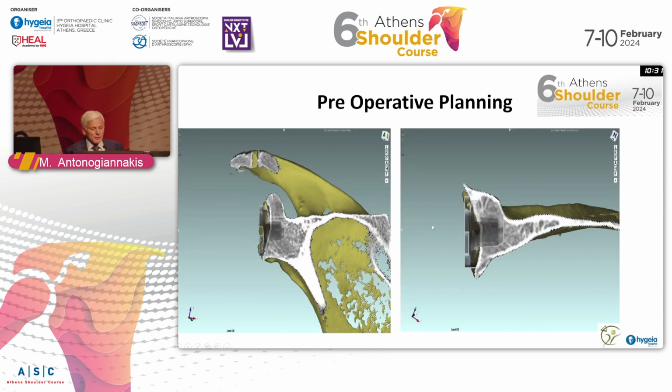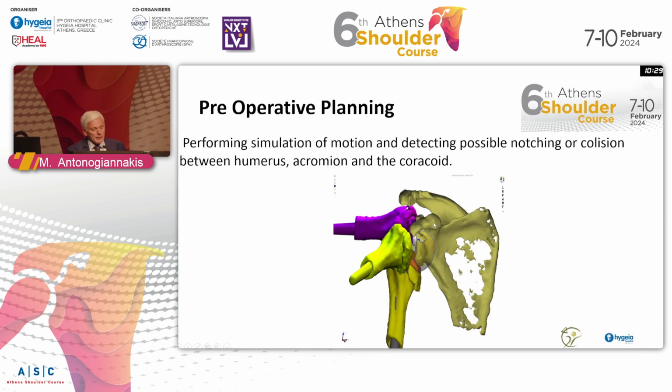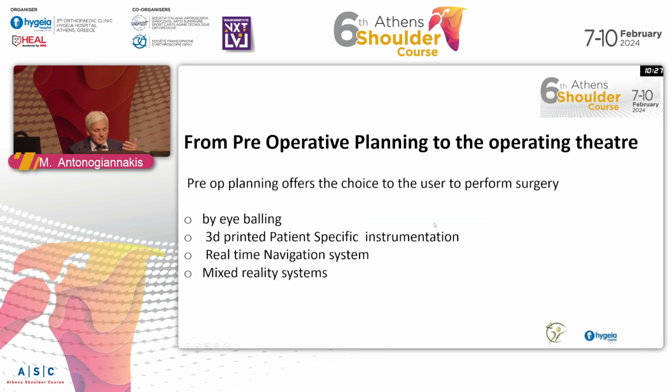So, yes, all this planning is very important. It gives you a sense of safety. It gives you a new understanding of what we are going to face in the surgery, but it is not the absolute truth.